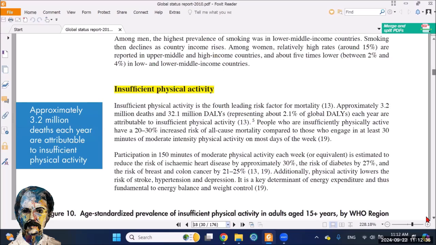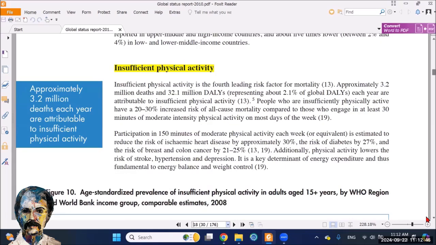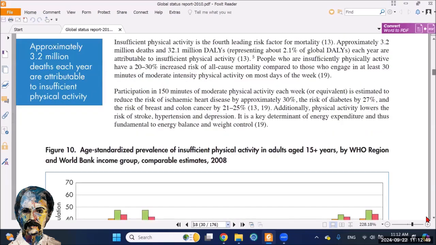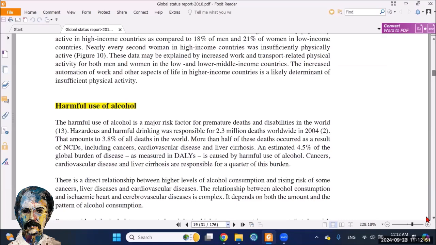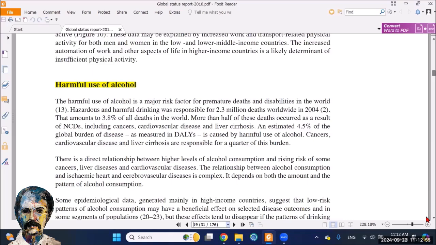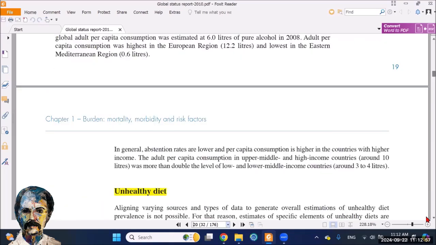Number 2, insufficient physical activity. You are inactive, so you lead a sedentary life. All the time you stay at home, you don't go for walks. Alcohol drinking. You're addicted to alcohol, leading to liver diseases and so on. These are all risk factors.